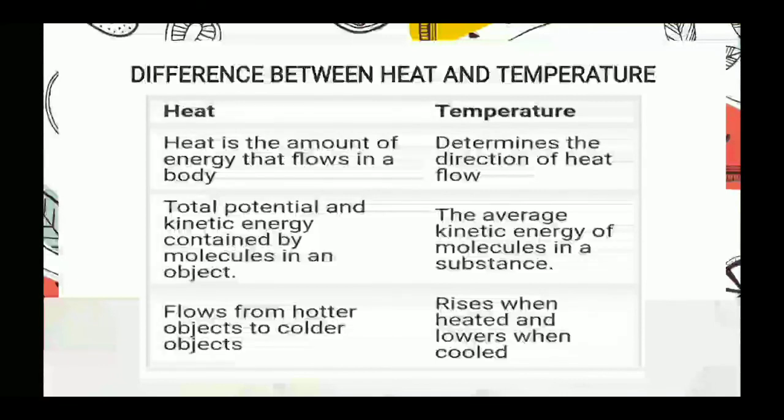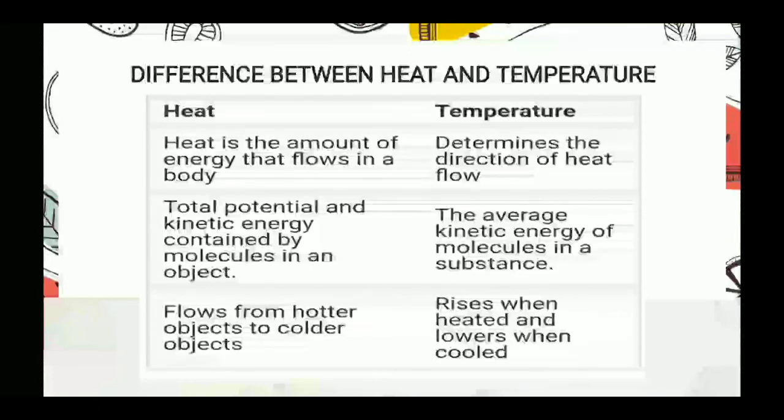And coming to the second point, the total potential and kinetic energy contained by the molecules in an object. What is heat? Heat is the summation of the total potential energy and kinetic energy contained by the molecules inside the object. That is nothing but the total heat energy. Whereas temperature is the average of the kinetic energy of the molecules of a substance.